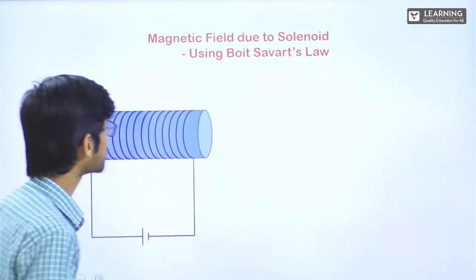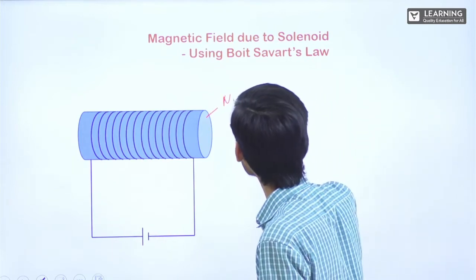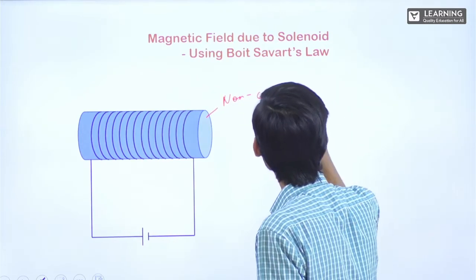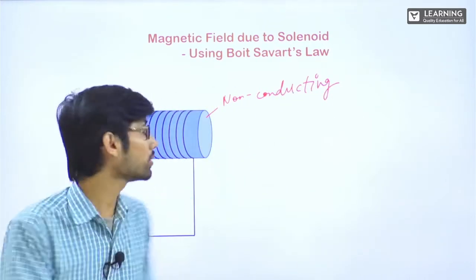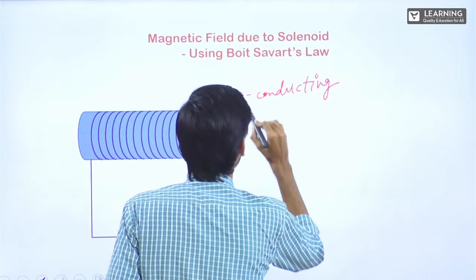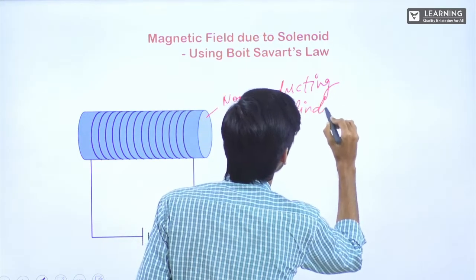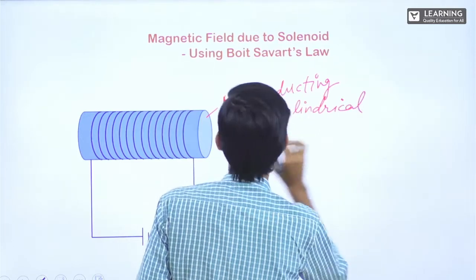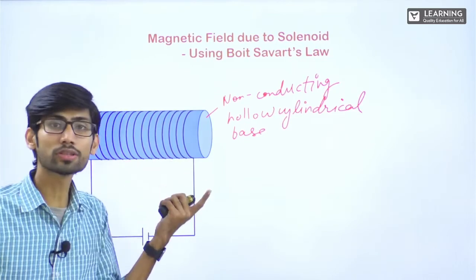So it will be something like this, where this base will be a non-conducting hollow cylindrical base. Clear?